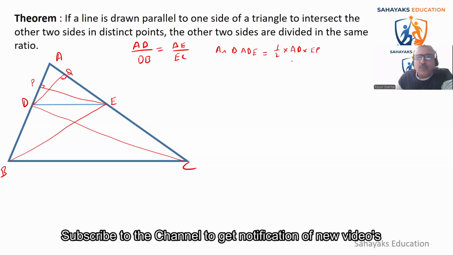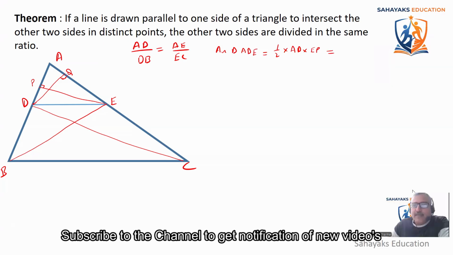EP is the perpendicular to AD. And the area of triangle ADE is also equal to, if I consider a different base, AE as the base, half into AE multiplied by, what is the perpendicular to it? DQ. Okay, so this is one and this is the second one, and both the areas are equal.